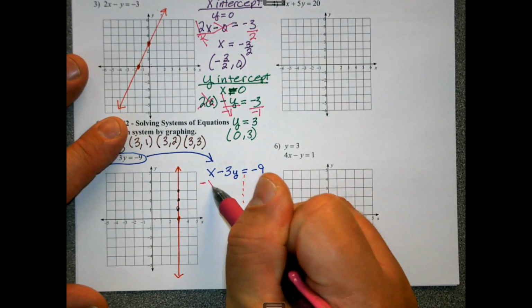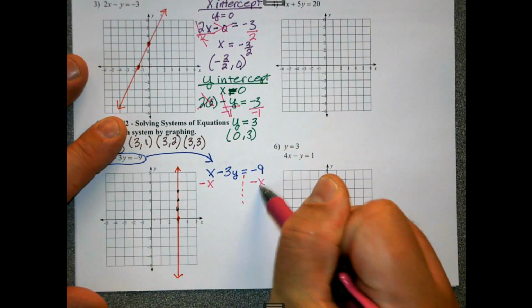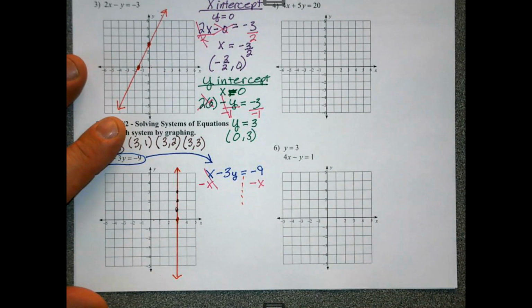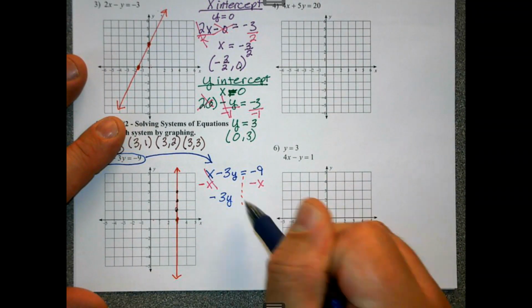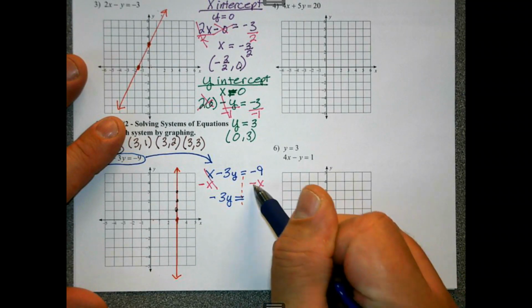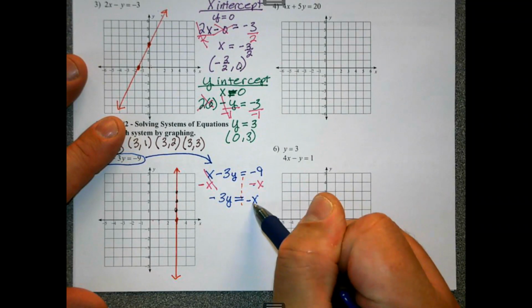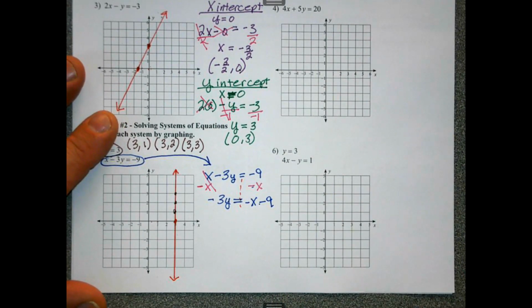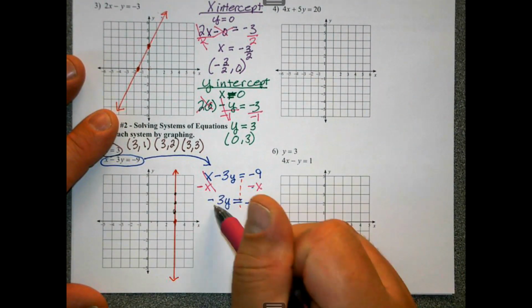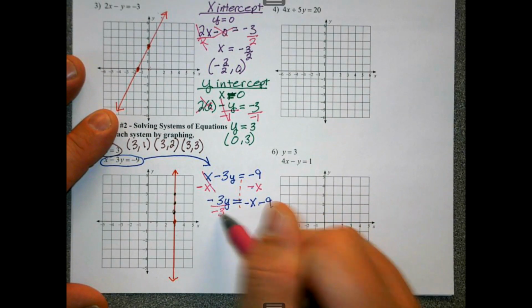So I'm going to subtract x. I get negative 3y equals negative x minus 9. Divide every term by negative 3.